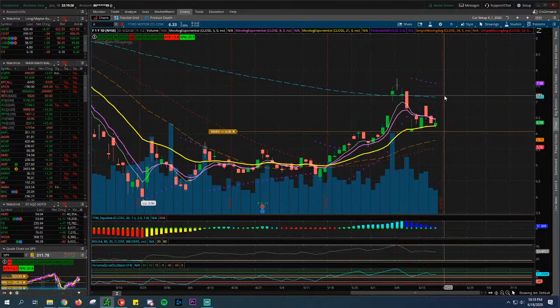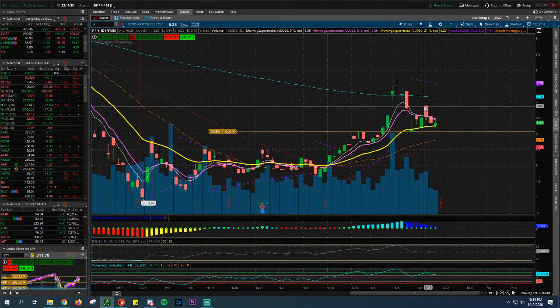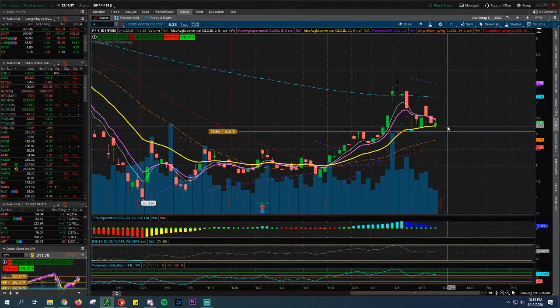Overhead resistance around $7. For an overall swing at this one, potentially for a trade, if you're doing it very short term, very tight, keep it around $6 to $6.25. If it starts breaking below that, around $5.80, potentially for a try to have a test higher to around $7. There, my friend.